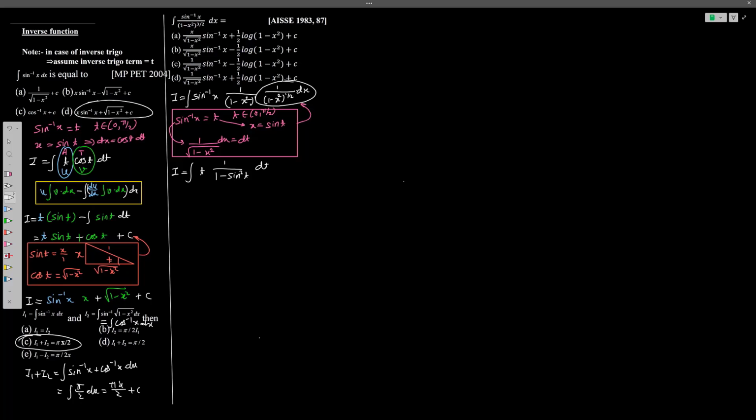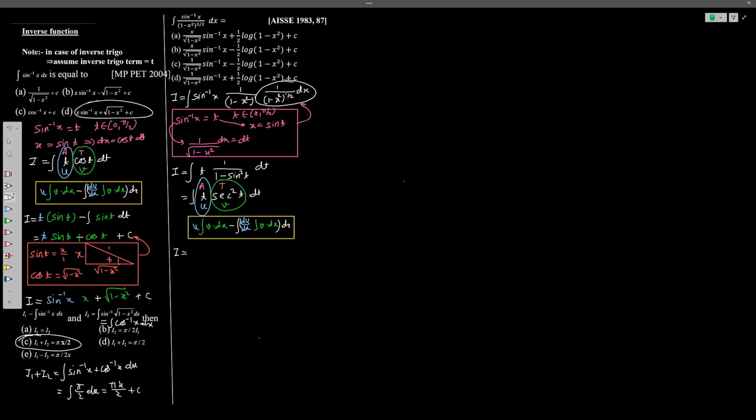Now 1 minus sine square t is cos square t, and reciprocal of cos square gives sec square t dot dt. We have product of algebra and trigonometry. The algebraic term will be considered as u and the trigonometric term as v.